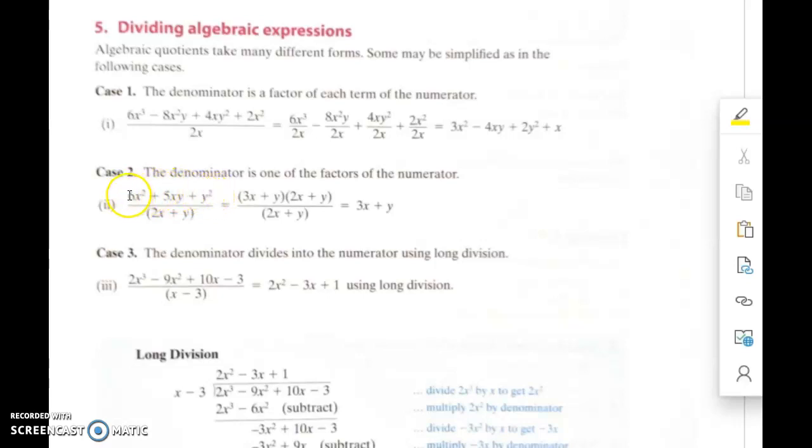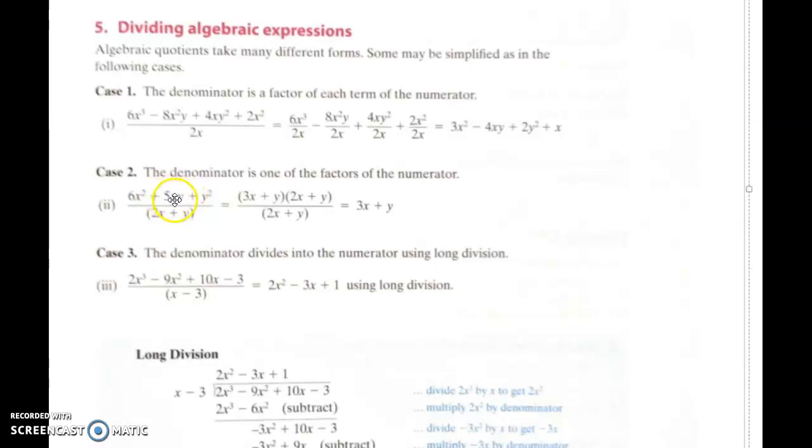Remember, how do we factorize it? You multiply 6x squared by y squared, and then you get 6x squared y squared, and you want factors of that which will add up to give you 5xy. That's going to be 3xy and 2xy.